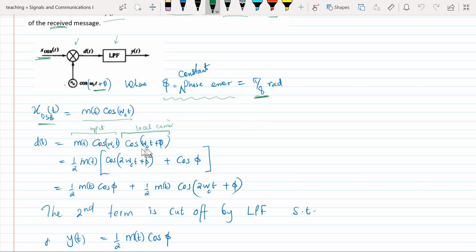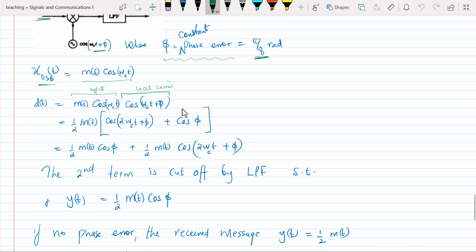So when we do this multiplication, just to be clear, this is the local carrier that is introducing the constant phase error of pi over 8.